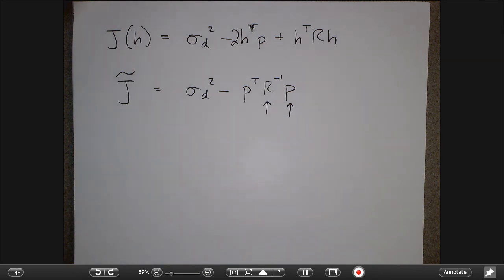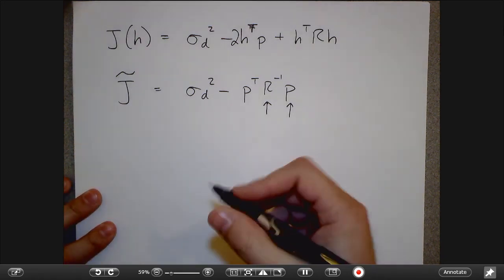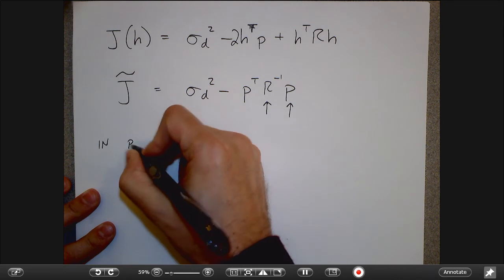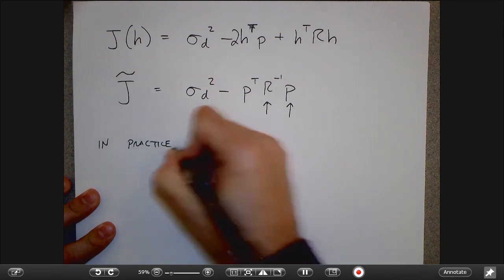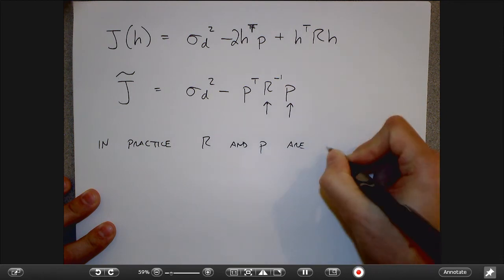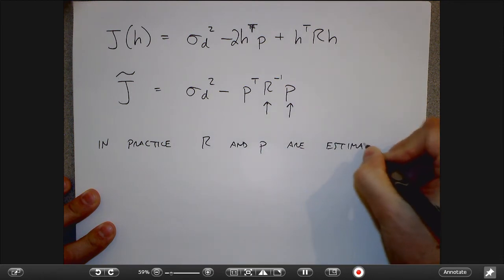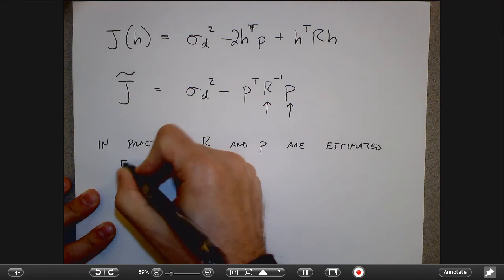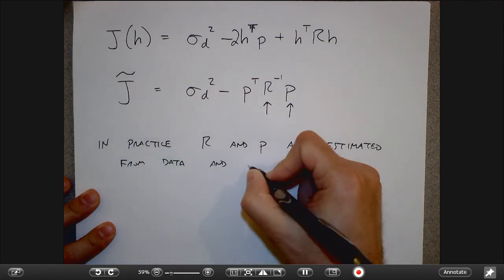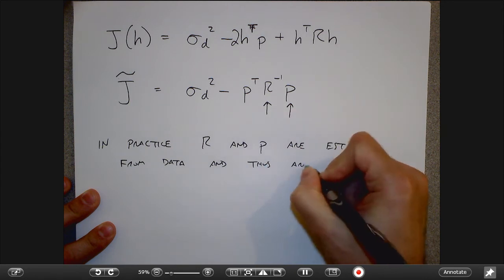So in practice, we estimate R and P from the data that we're getting, and then plug them in to get the best filter. So R and P are estimated from data, and thus are functions of n.